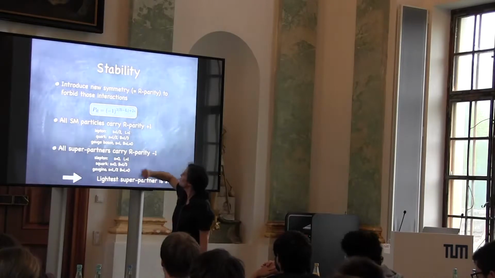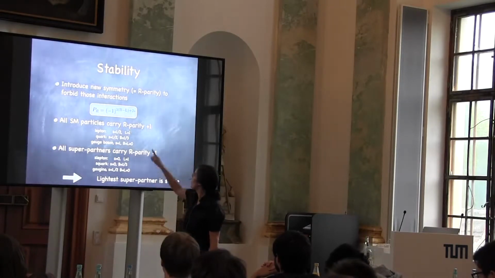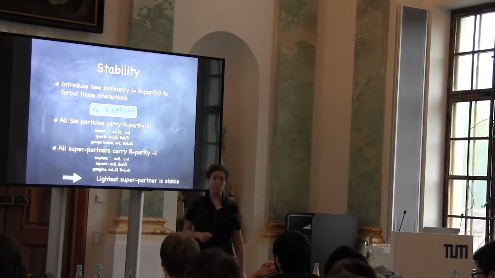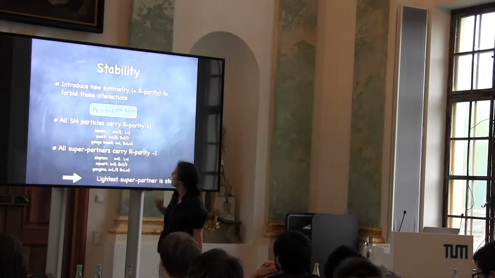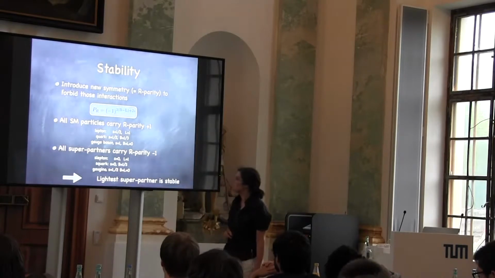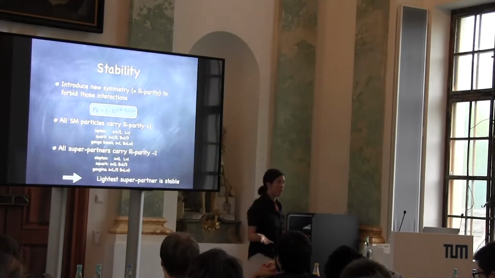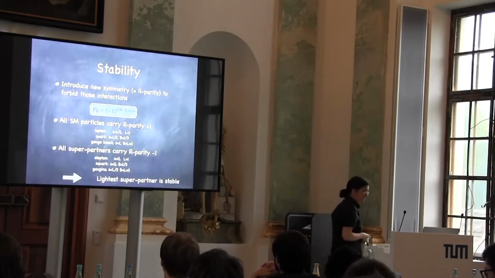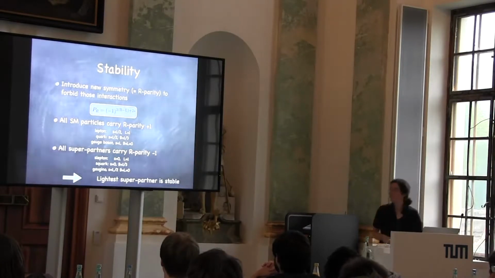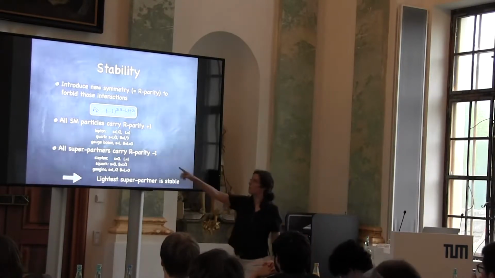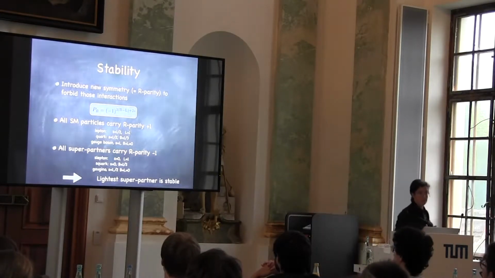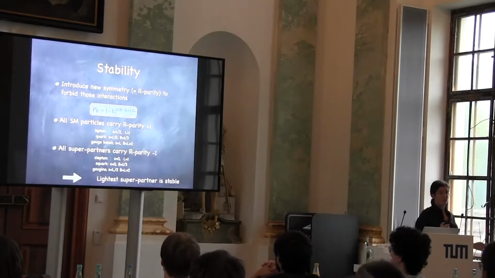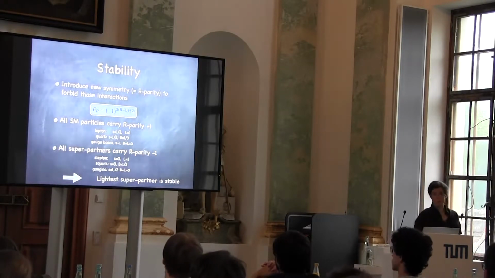By construction, all the standard model particles carry R parity of +1, and you can go through and check that. All the superpartners carry R parity of -1. As a result, if R parity is a symmetry conserved by the theory, the lightest particle that carries R parity -1 is going to be stable. That was just the consequence of putting in this symmetry in order to make the proton stable.